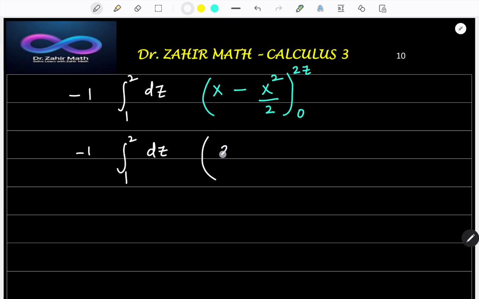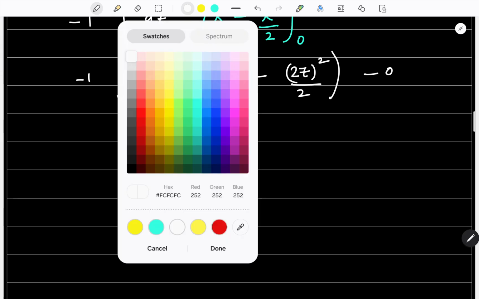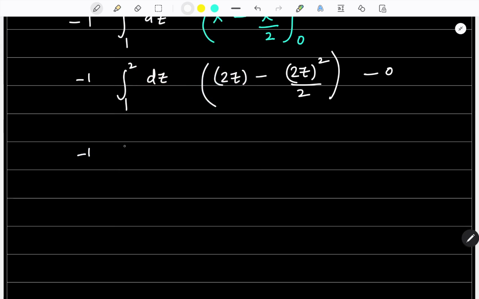Lower limit is 0, so we get 2 is z minus 2 is z the whole square divided by 2. See here, this is also in z, so I shouldn't keep dz before the variables. It should be out. So this will be 2z minus 4z square divided by 2.